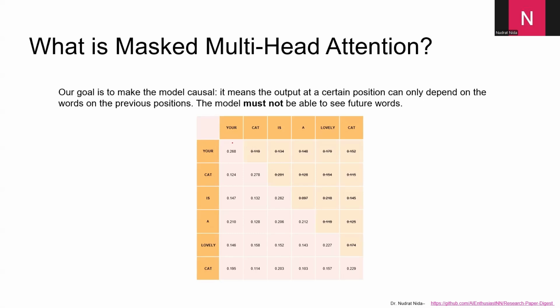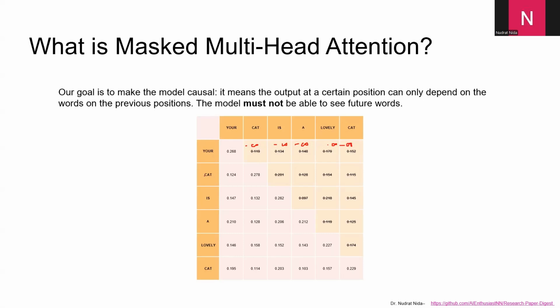It can only see the words provided to it. So during the training phase, it only sees the first word. For the rest of the sentence, we make it negative infinity so that it won't be able to see the rest of the words.